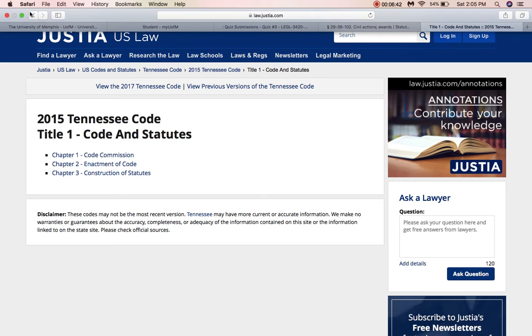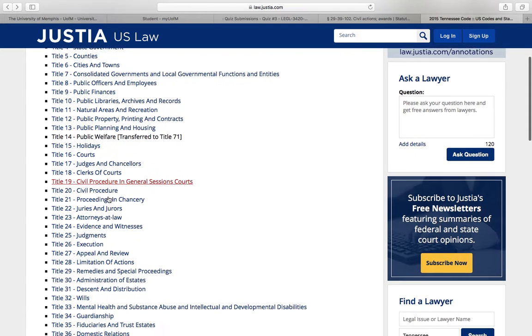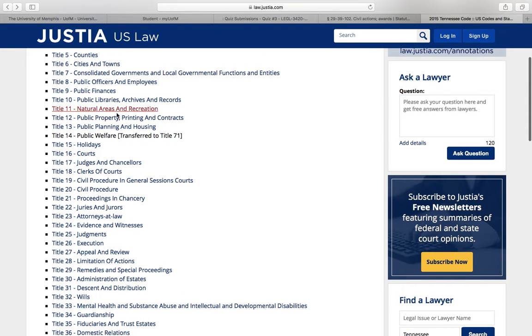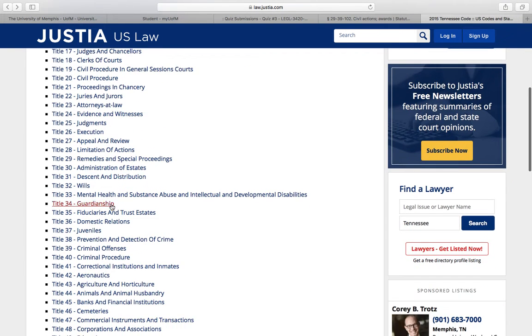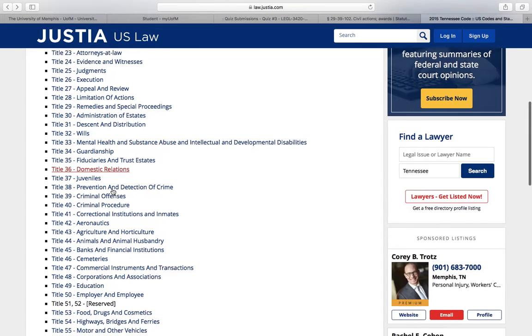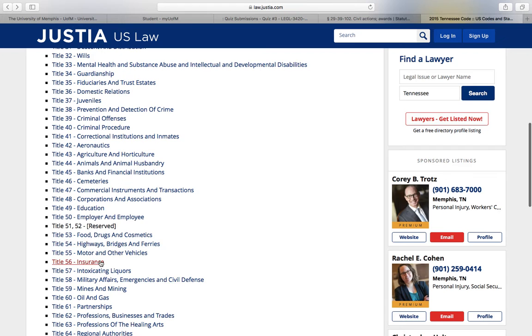That really didn't explain anything for me. I couldn't find anything that dealt with non-economic damages, and I don't see anything on any compensation or any award.